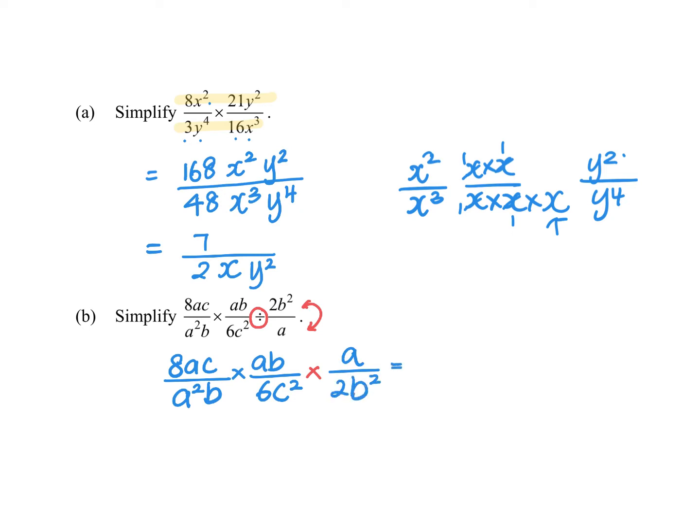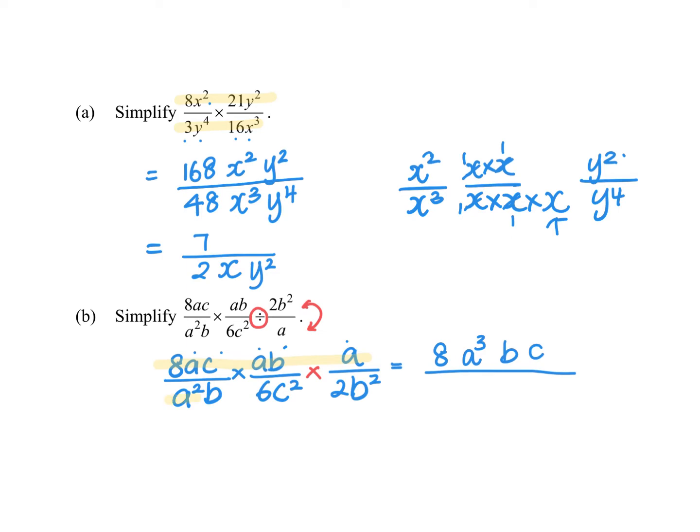As usual, I will multiply numerator with numerator and denominator with denominator. Multiplying across the numerator: 8, then a times a times a, which gives a cubed. Then there's a letter c and a letter b, so b and c.